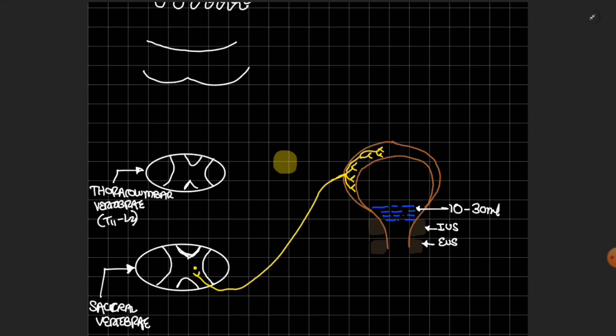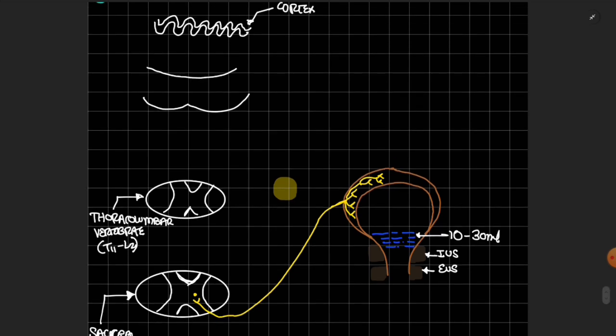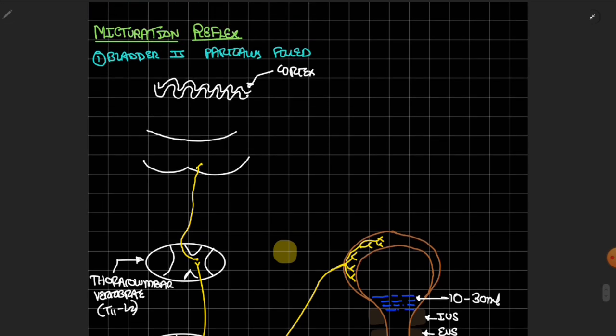Since the urine is not enough to stretch the bladder, these nerves do not carry the impulse for the micturition reflex. They synapse here, go to the thoracolumbar vertebrae, synapse there too, and then go to the pons. Crossing the pons, they go to the cortex.